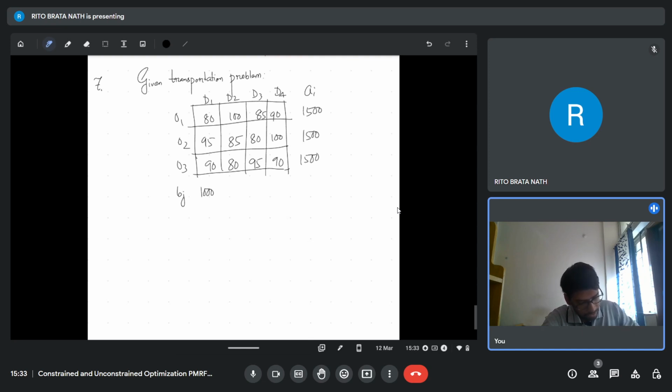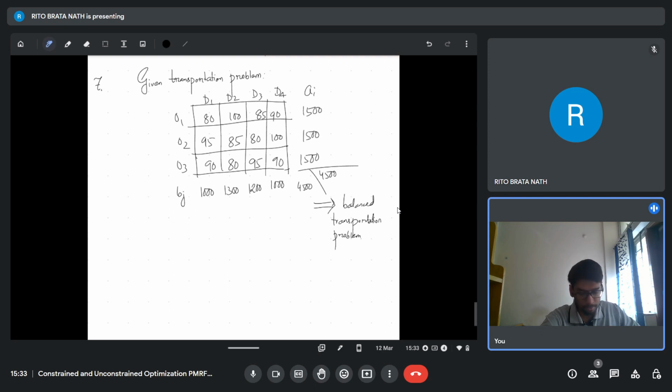This is 1000, 1300, 1200, 1000. Let me first check whether it's a balanced problem or not. So this is also same. So this is indeed a balanced transportation problem. Okay, so that's good news.